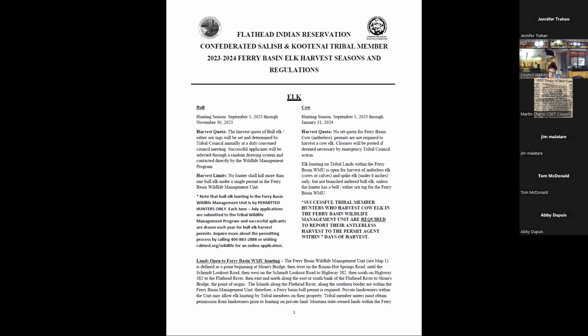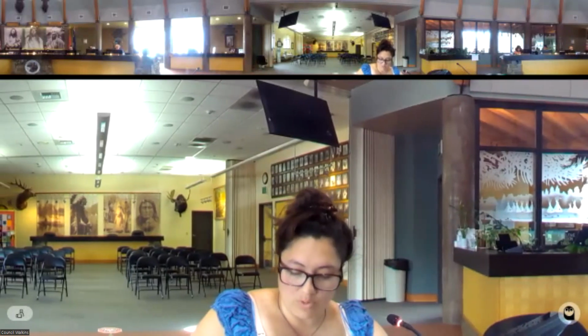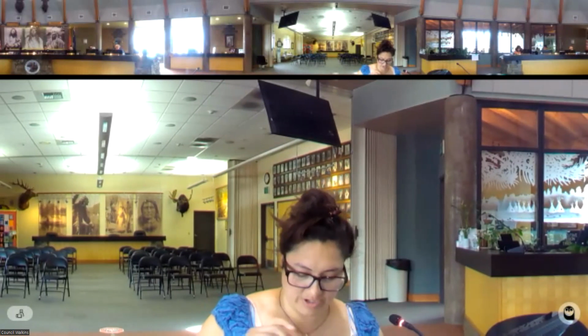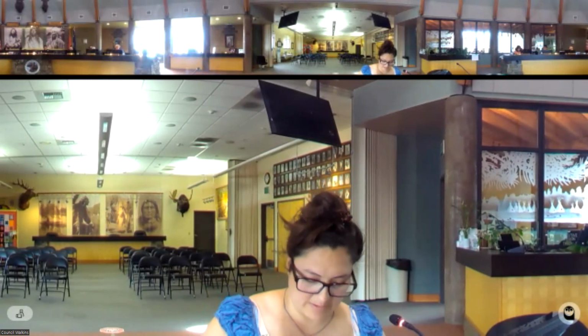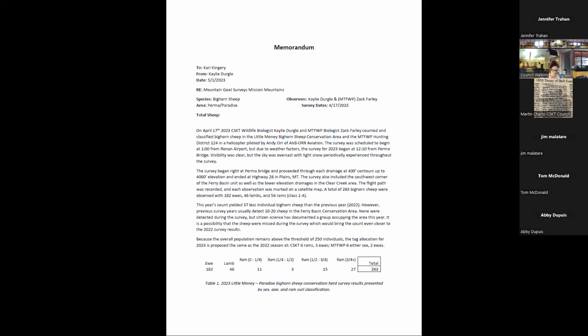And just a note that the total on the bottom of page 42 there should say 284, not 263. So when Kaylee was looking at that, she missed 2 lines of data on the bottom that weren't included in that. So the overall total is 284 in that herd, which puts it right around the same numbers, or very similar to the numbers coming out from last year's flight counts.